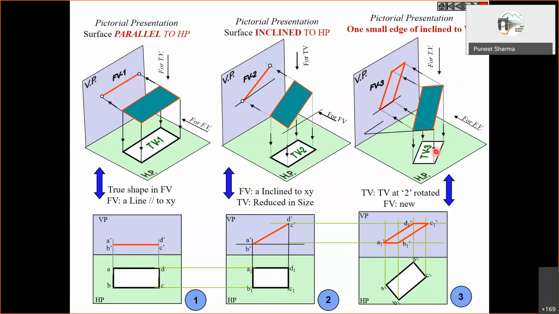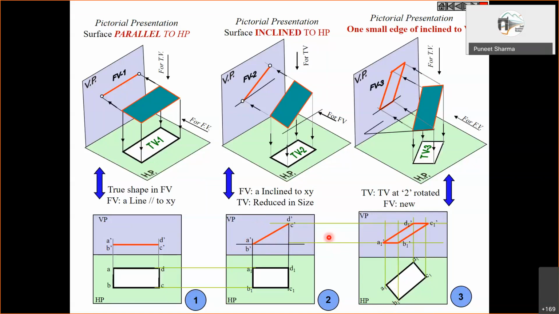So making use of this fact, we consider A dash B dash, which were maintaining this much distance from the XY line here. They will continue to remain at the same distance here also. So that is why this locus can be drawn for A dash B dash, and of course A dash B dash will be on their respective projectors. So from A1 you draw a projector, from B1 you draw a projector.